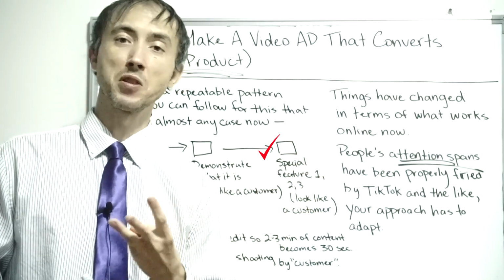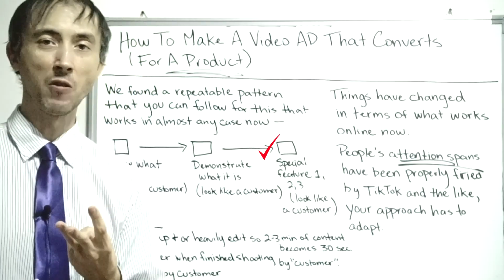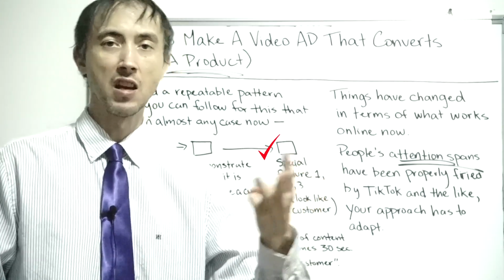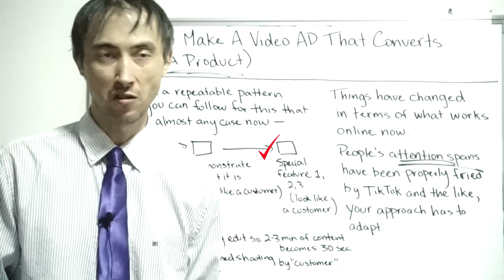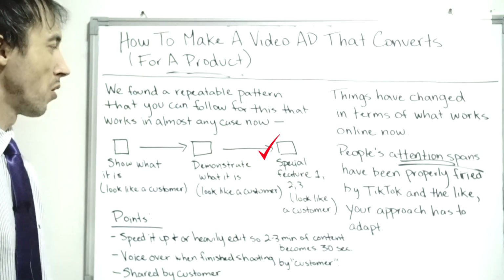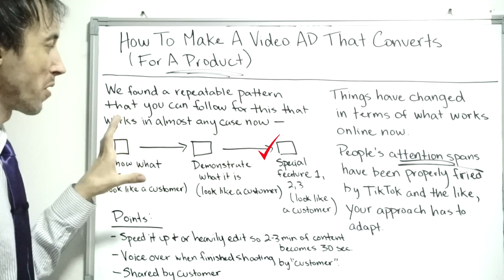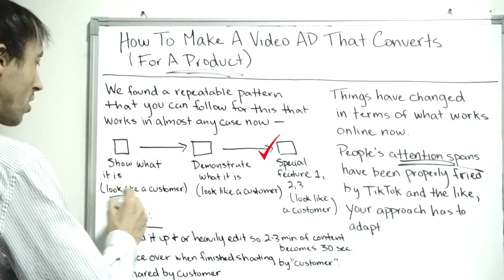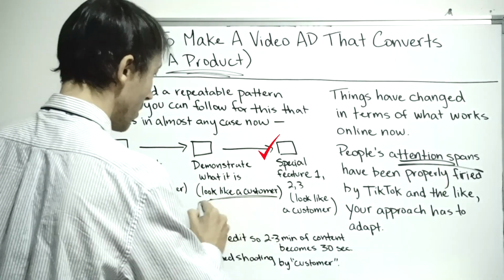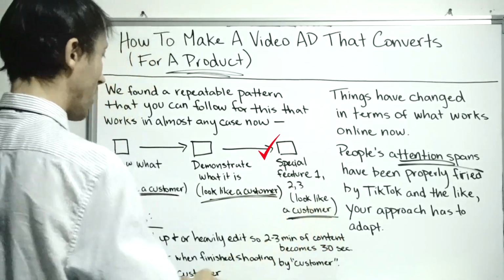And also, is it relevant to the customer? Because if it's different but not relevant to the customer, you might as well not even mention it. You're just going to end up hurting your conversions. So that's the 1, 2, 3 formula that works. Now I put here, look like a customer, directly underneath each one of these for a very good reason.